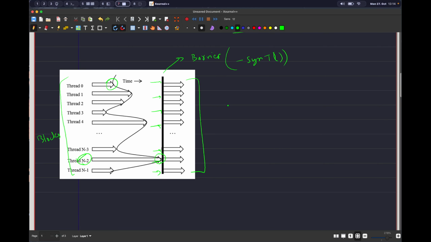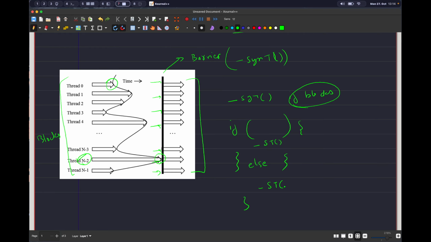Now, if we have a __syncthreads statement in an if block, it needs to be executed by all the threads in a block. Otherwise, what will happen? Let's see. If you have some if condition here and some else condition here, and both of these have their own __syncthreads, you may assume that these are the same barrier synchronization, but that is not true.